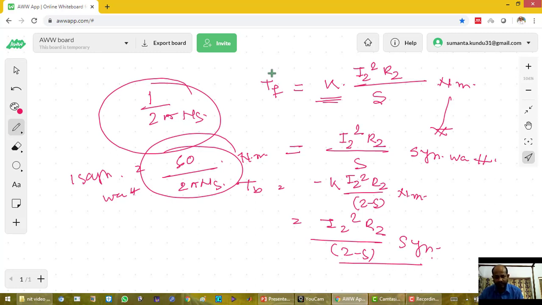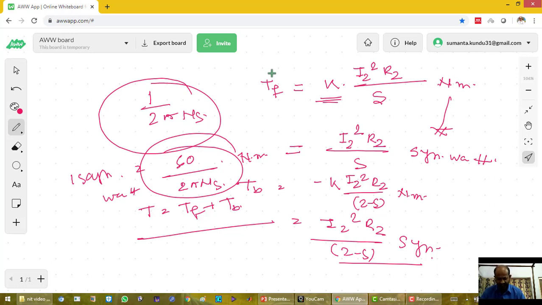And we know that the total resultant torque T equals nothing but this TF plus TB, right? Okay, and TB is minus, we can mention it also as TF minus TB, both are the same thing.